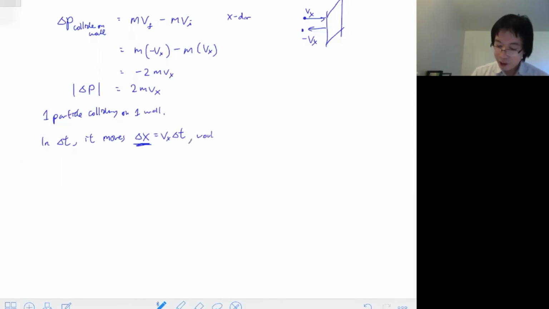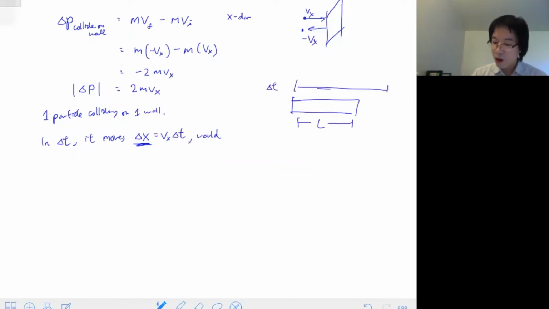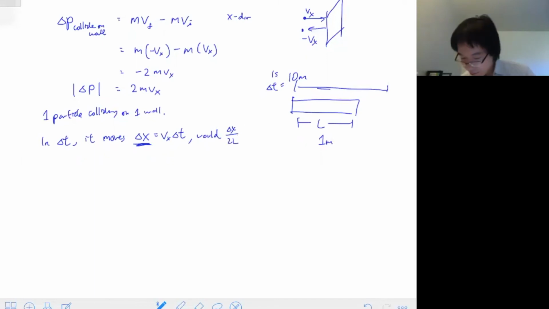So if your box has length L, and let's say the box is 1 meter long, and in delta t of 1 second it moves 10 meters, moving very fast at 10 meters per second, how many collisions will it make? Well, it would be delta x divided by 2L.